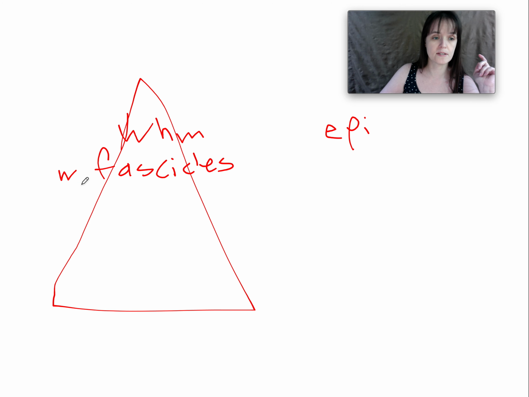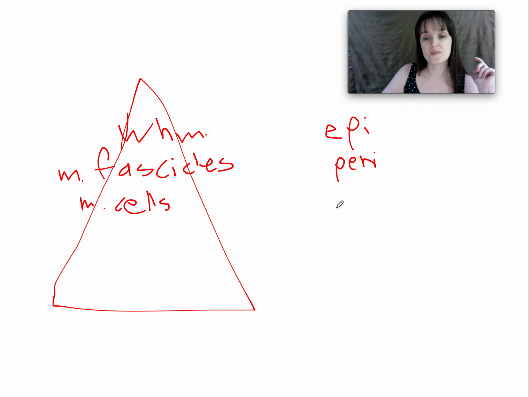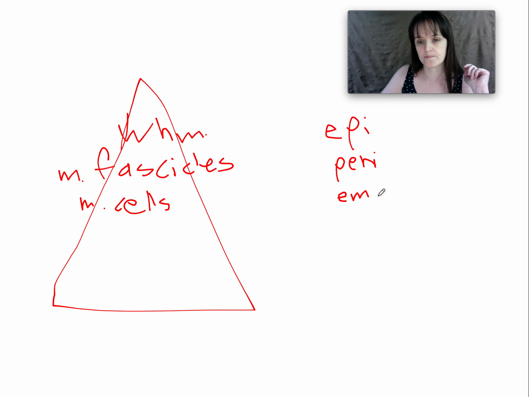Muscle fascicles are surrounded by perimysium. The muscle fascicles are made up of muscle fibers, which are just the cells. And each muscle cell is surrounded and electrically isolated by the endomysium.